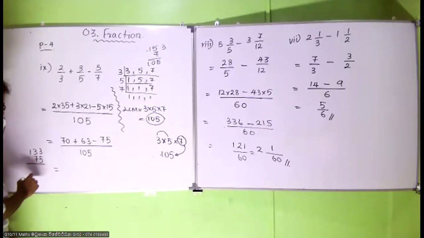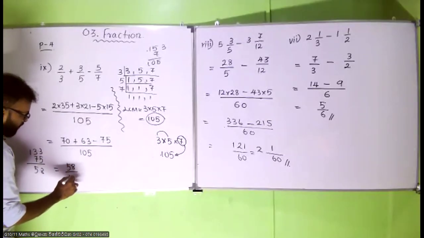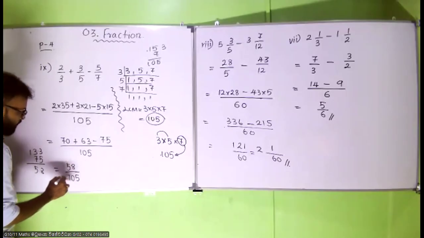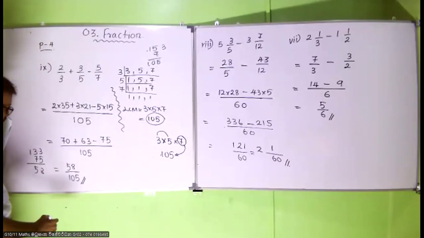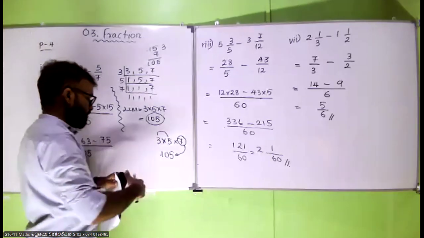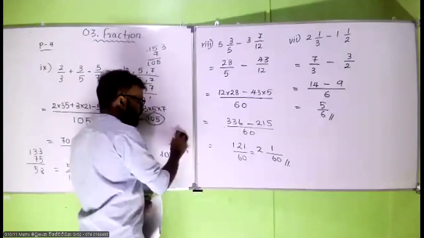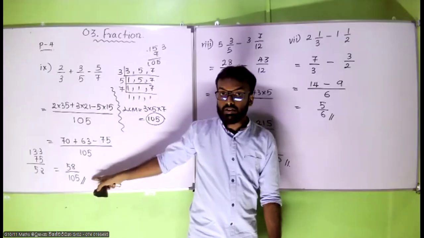Subtract 75 from it. 58. 58 upon 105. So this should be your answer. Right? But if you use the other method, you need to get this one as the answer, right?